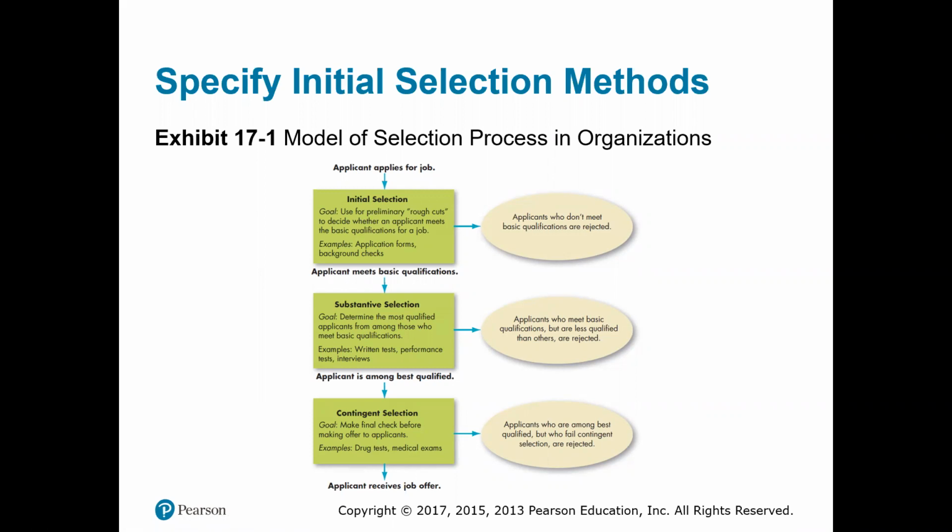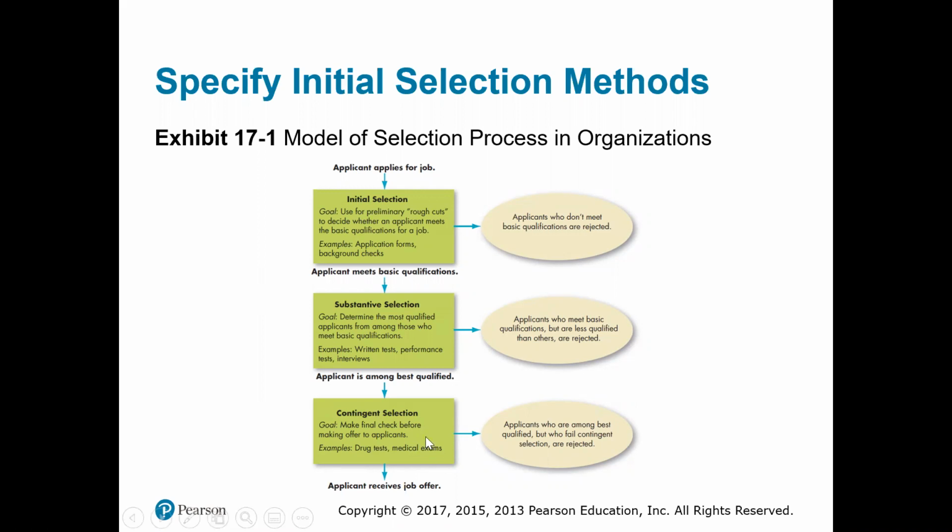The first cut will be after they have gone through written tests, performance tests, interviews, maybe work sampling, or a one-day interaction with important people in the organization. It could be anything. So applicants who meet those basic qualifications but are less qualified than others are obviously rejected. Not that everybody is terrible. They might be okay, but some are better than the rest.